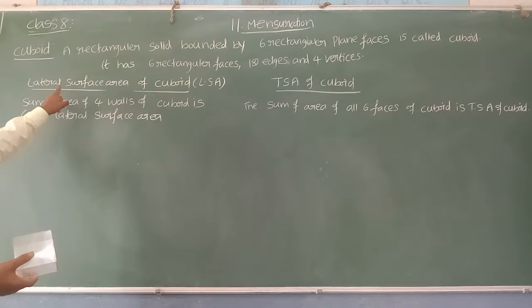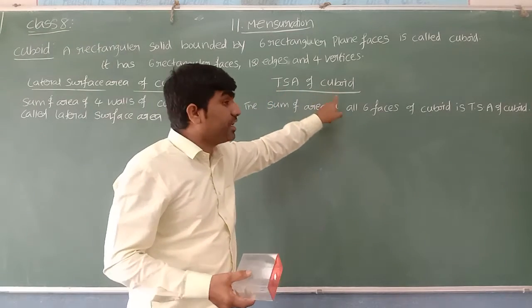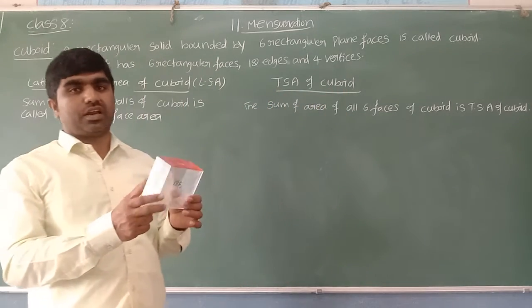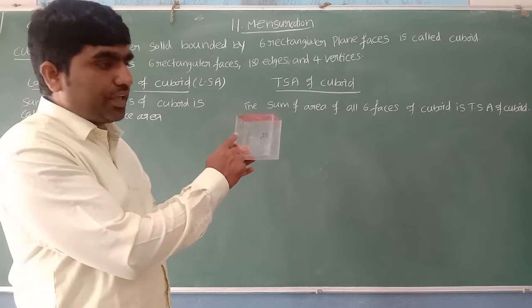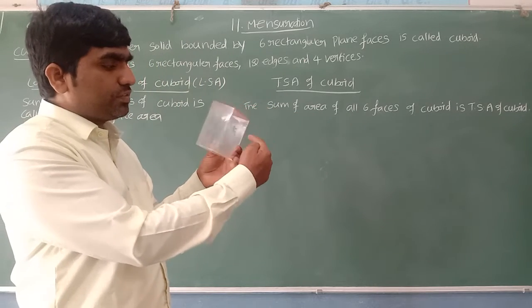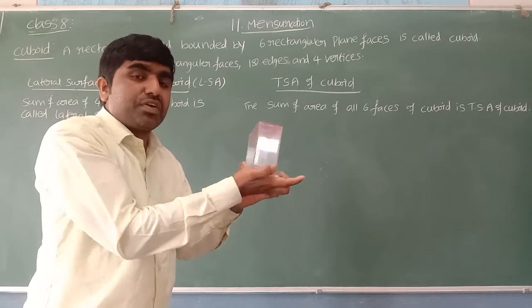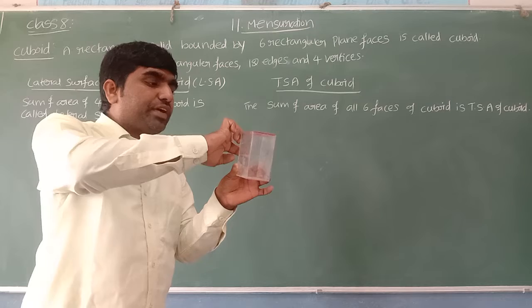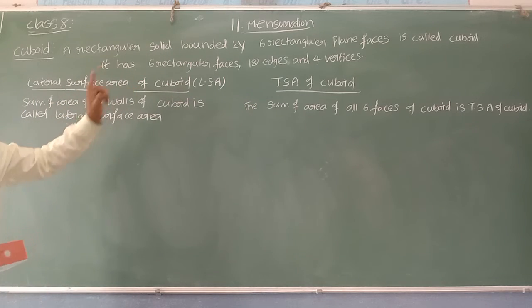Now, what is meant by lateral surface area? What is meant by total surface area of a cuboid? Let us see here. It has 6 faces. If you take only the 4 walls' area, 1, 2, 3, 4, except top and bottom, if you consider only the 4 faces' area, it is called LSA, lateral surface area.